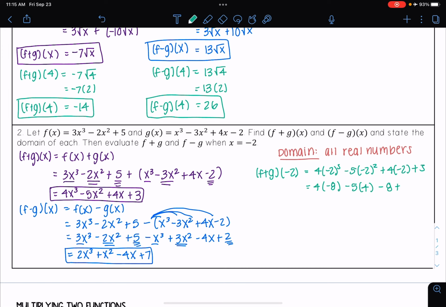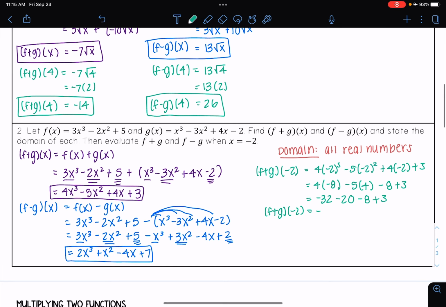Minus 8 plus 3. So I have negative 32 minus 20 minus 8 plus 3. And so f plus g of negative 2 is going to be negative 32 minus 20, I get negative 52, minus 8, I get negative 60, plus 3, I get negative 57.